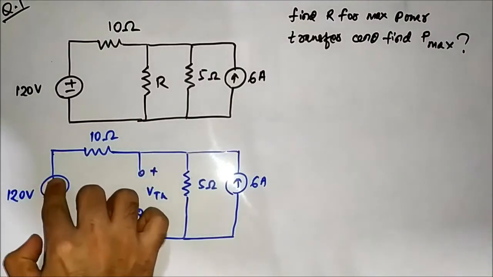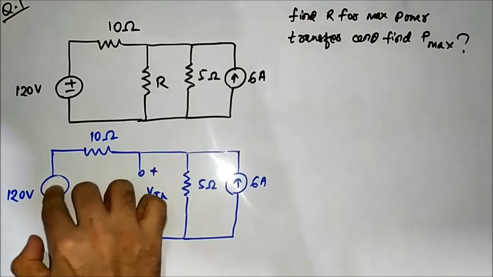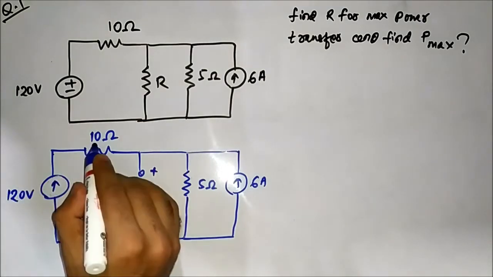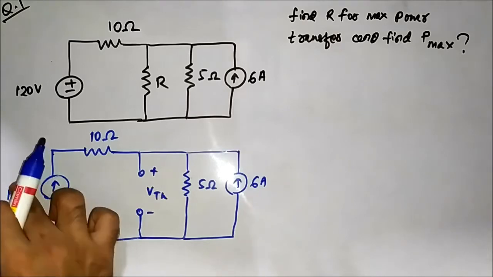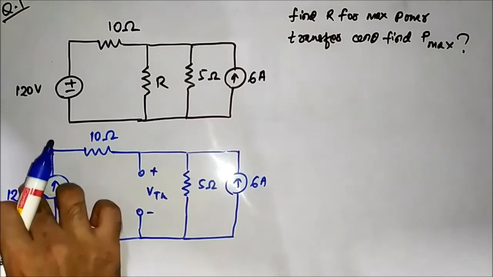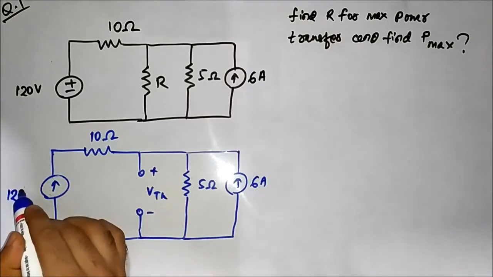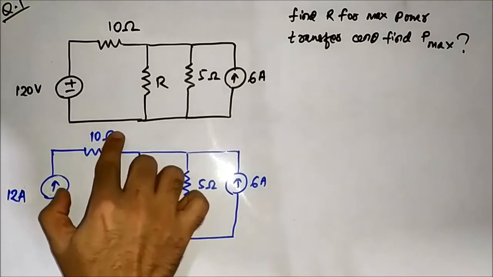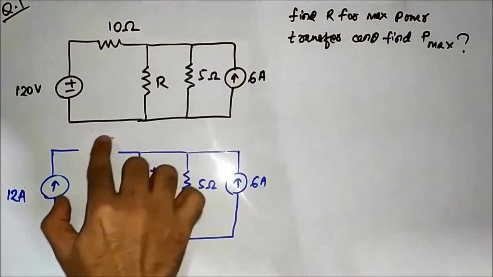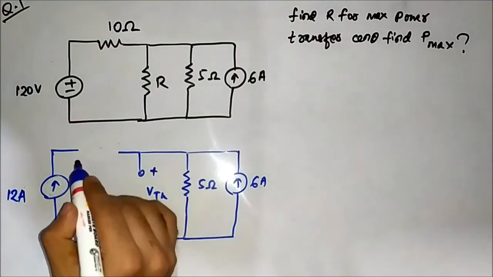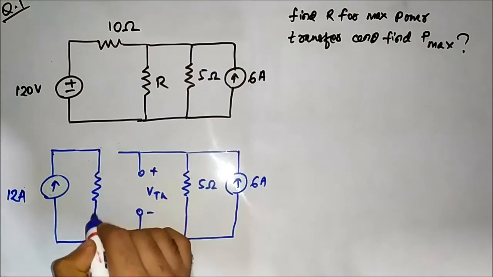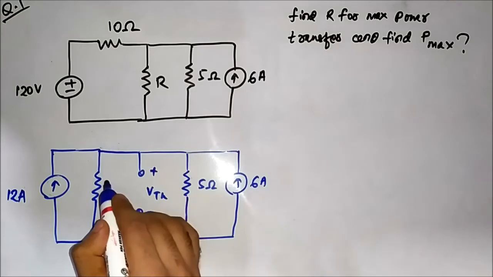So in that case, the voltage source will be replaced with a current source of value 120 volt by 10 ohm, that is 12 ampere. I have already posted videos related to source transformation and all the basic circuit analysis techniques, so please check out those videos. Okay, so 12 ampere in parallel with the same resistor 10 ohm.